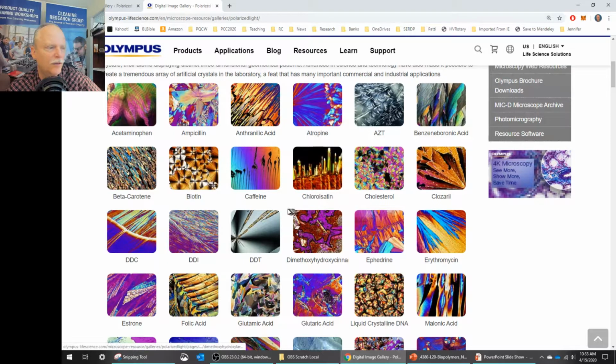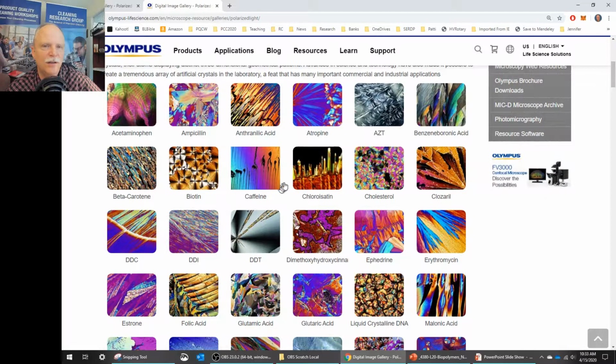And so there may be some forensically relevant imagery that you could use. If you have some standards and you have some suspected materials, you can look at those under cross-polarized light microscopy, and you might be able to see some characteristic crystal signatures.